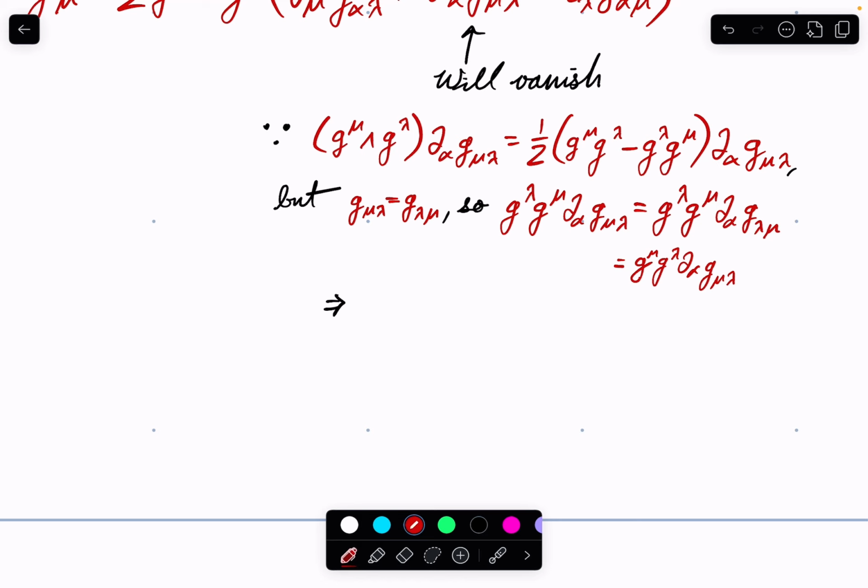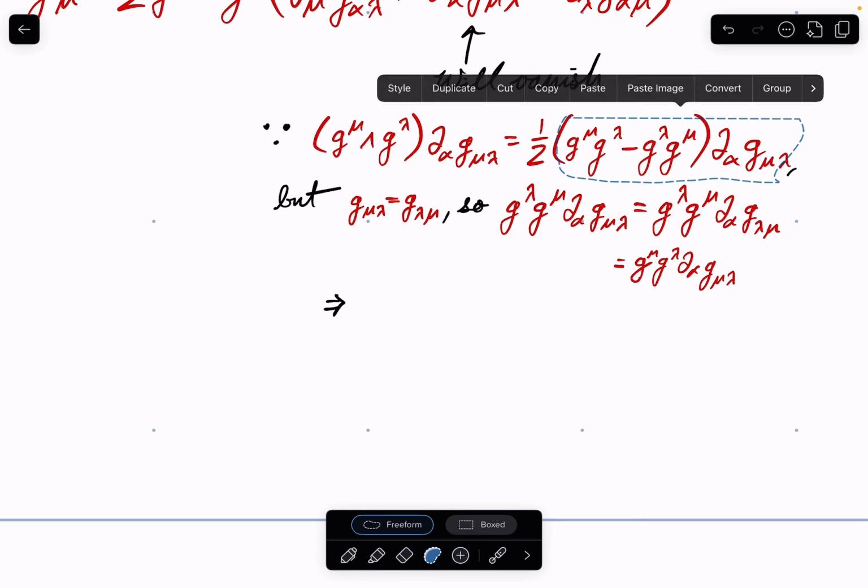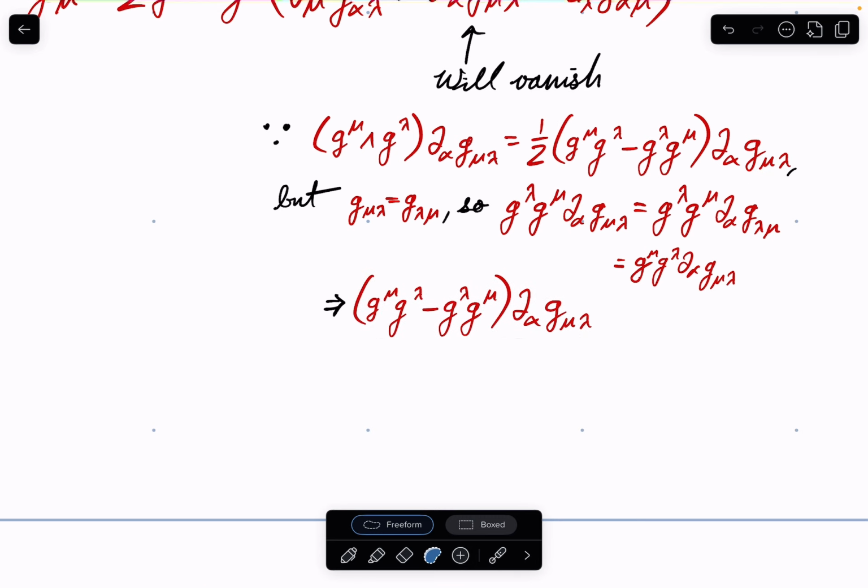So that means that this quantity here, I'll just copy this. Now, because of this property, this times this is actually equal to this times this. So this whole thing is equal to 0. This is the little property that we needed to prove beforehand.